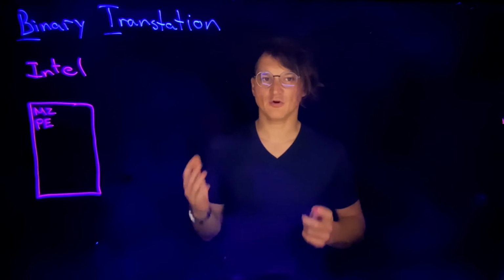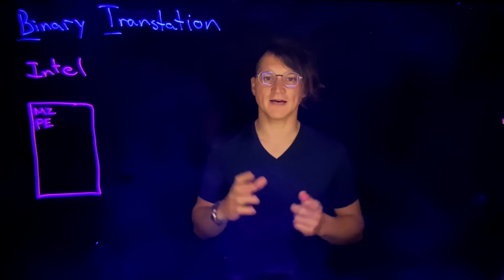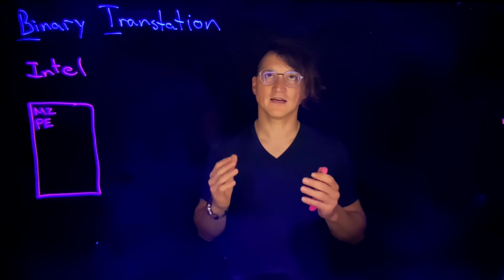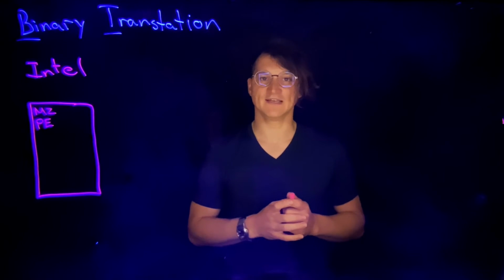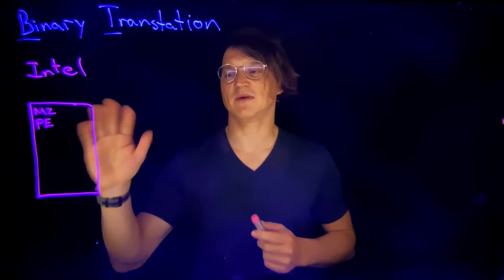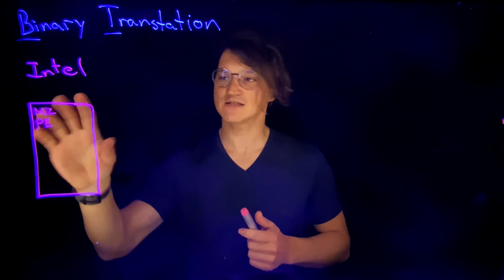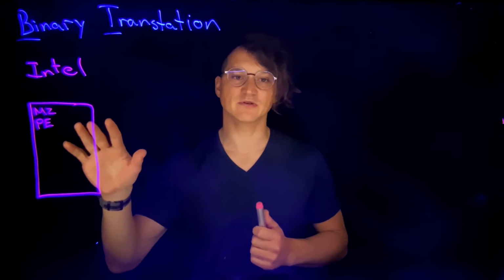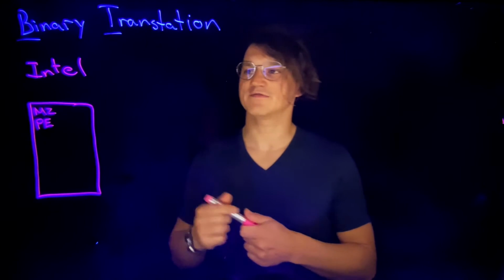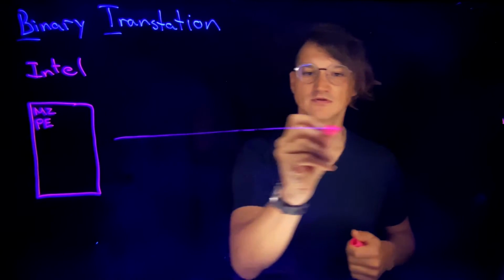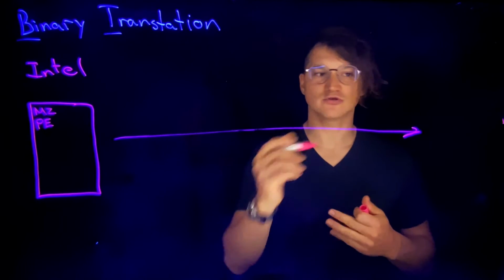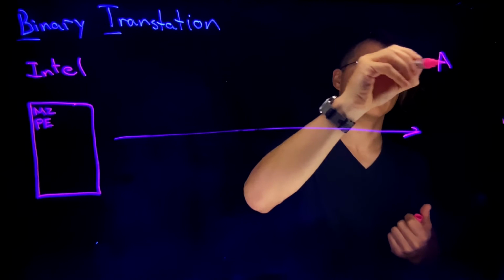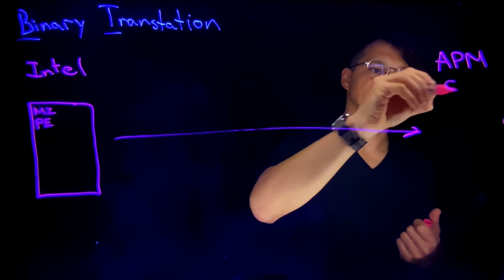Most likely, you have heard about binary translation, but that would be in a very different context than cybersecurity and anti-malware. What you would usually use binary translation for is if you have an executable, let's say an MZPE file, and it was compiled for Intel CPU. The problem we're trying to solve is to convert that executable to execute on, let's say, an ARM CPU.